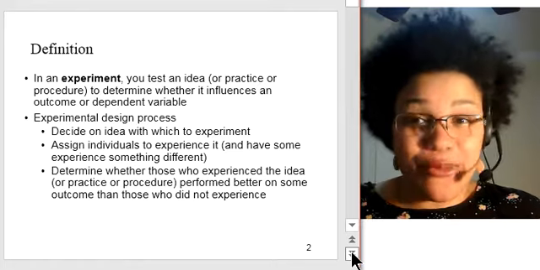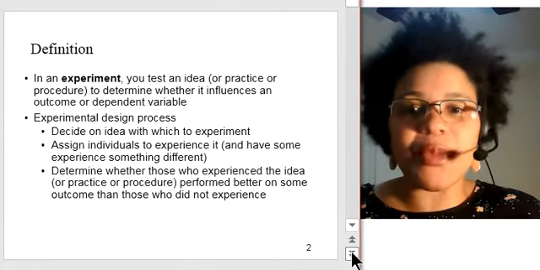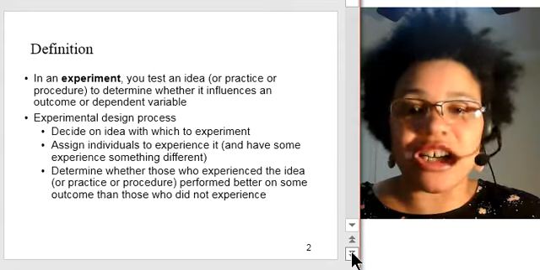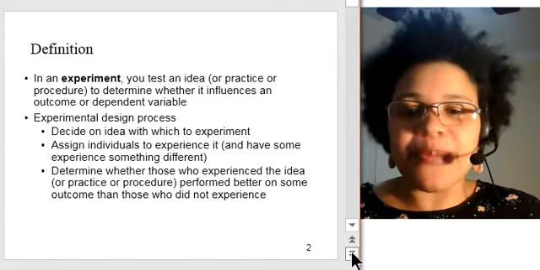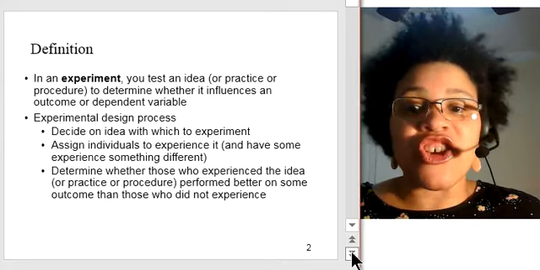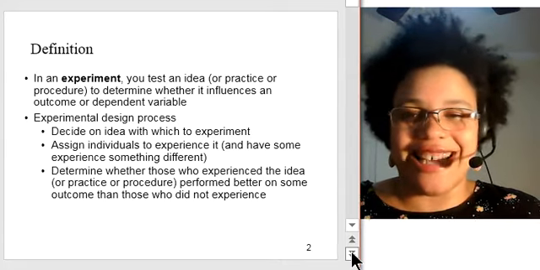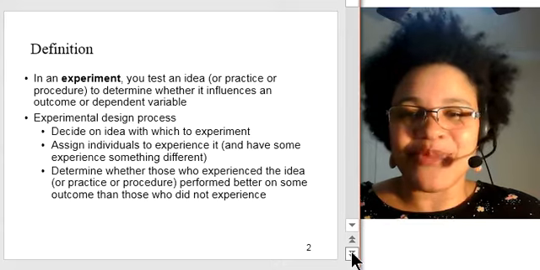So, what's an experiment? In an experiment, you test an idea or a practice or procedure to determine whether it influences an outcome or dependent variable. The experimental design process is that you decide on which idea you want to experiment on.